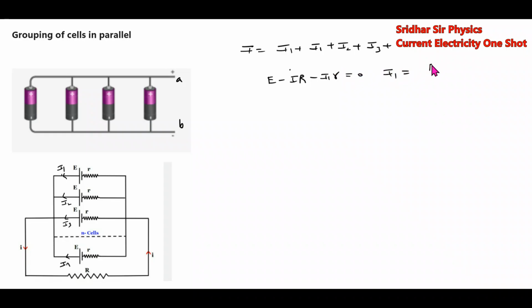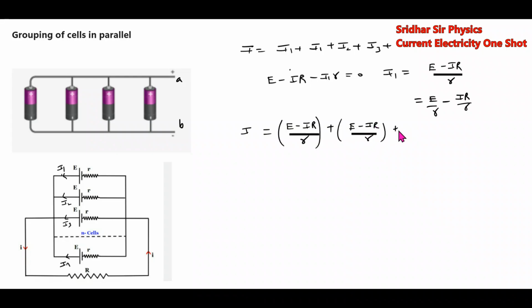So I1 is equal to E minus IR by r. We'll substitute all the values. All currents will be the same, so it will become nI1, and then I can substitute here, and so on.